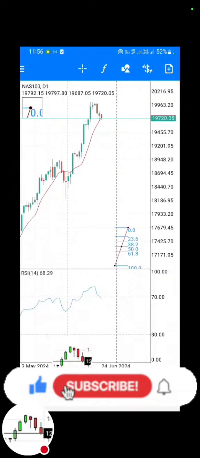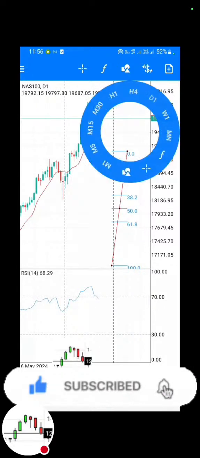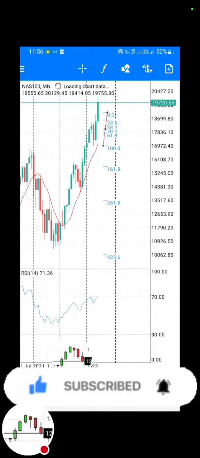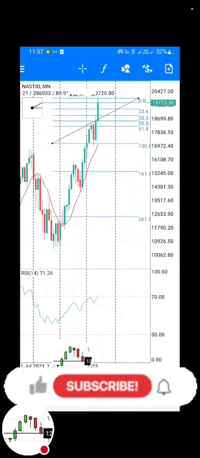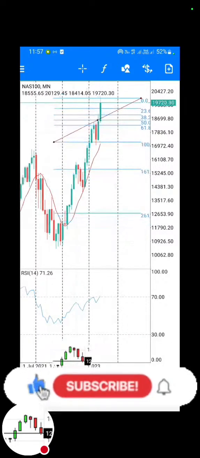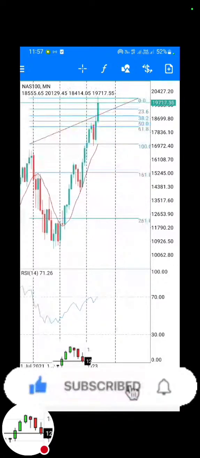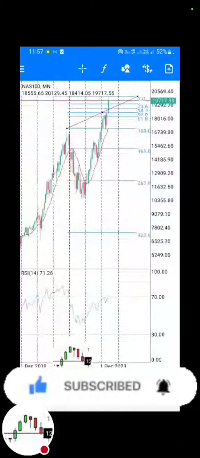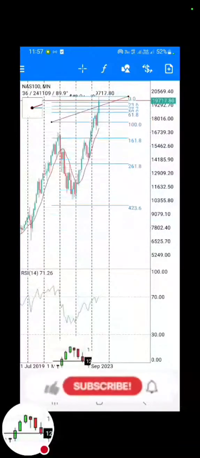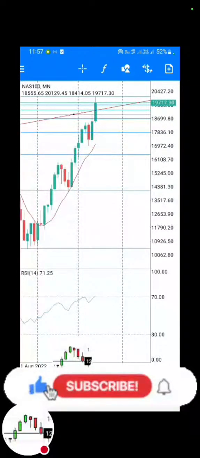I'm gonna change the time frame because the time frame must be at least a monthly chart. We apply, and then yes, we have applied our important levels of Fibonacci.